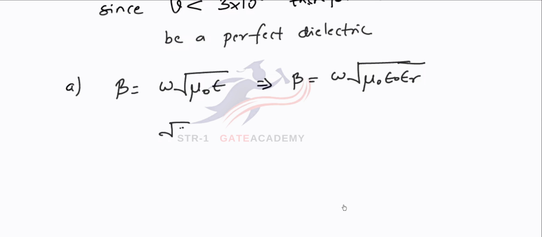You will get under root of epsilon r is equal to beta by omega into 1 by under root mu naught into epsilon naught. How much is beta?